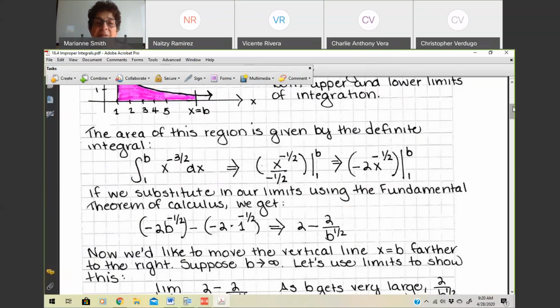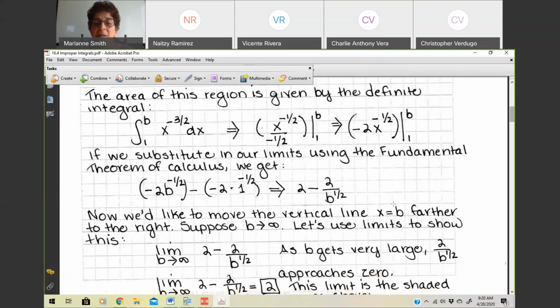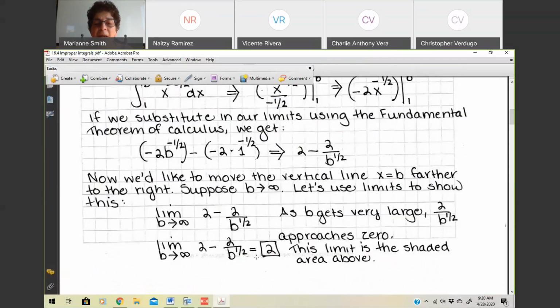Now, what happens if I start moving that line x equals b way out on the x-axis? In other words, I'm letting b approach infinity. Let's see what happens over here. As b gets very, very large, remember it's in the denominator.